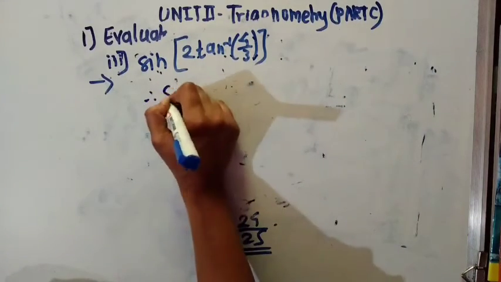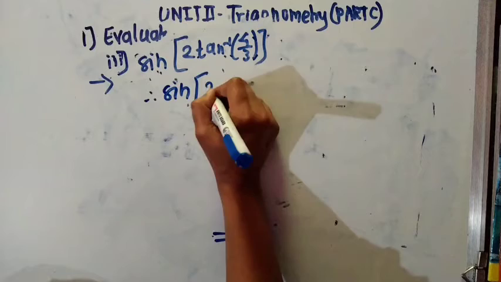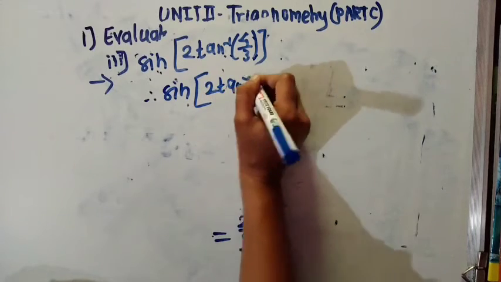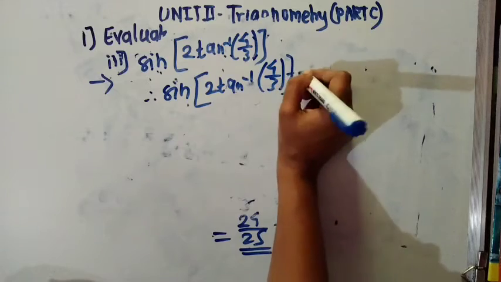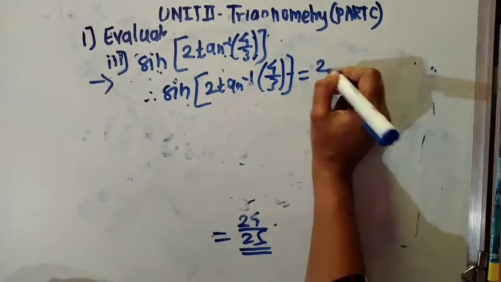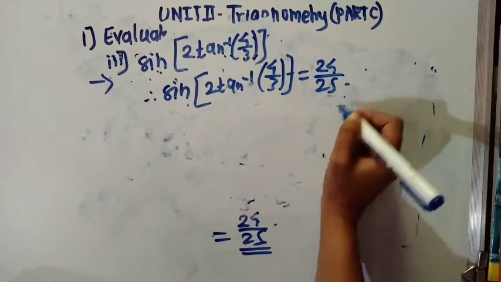Hence sin 2 tan inverse of 4 upon 3 is equal to 24 upon 25.